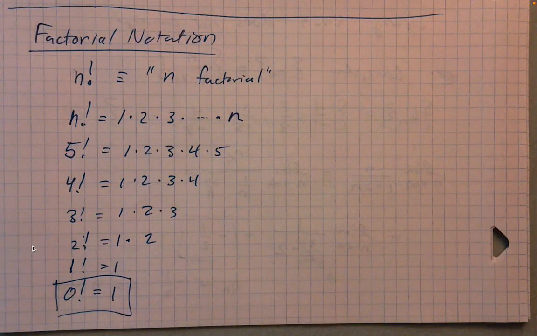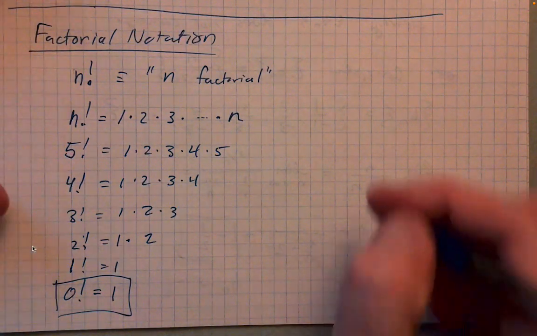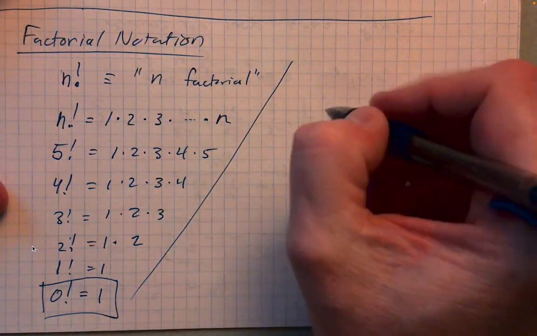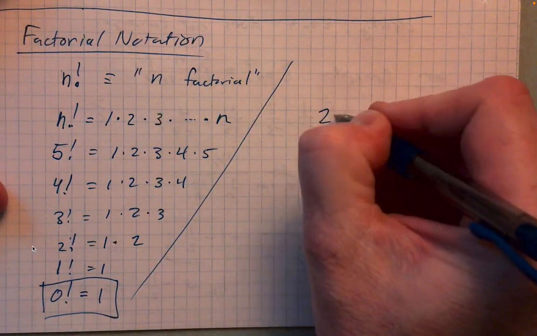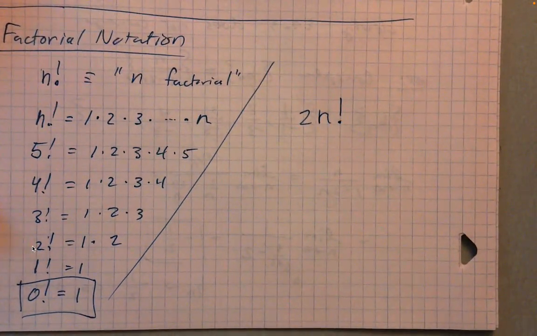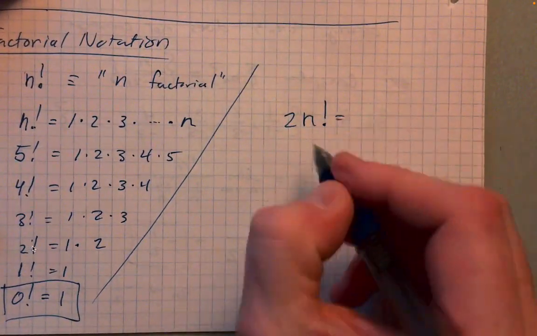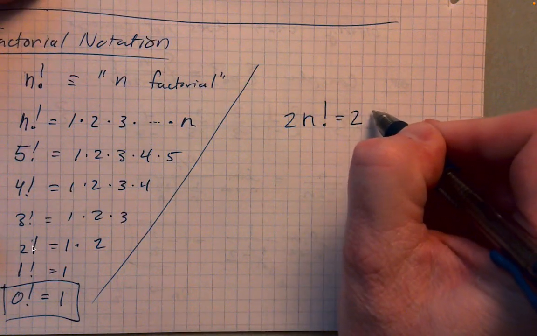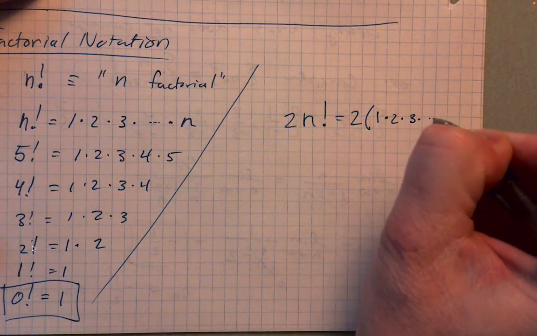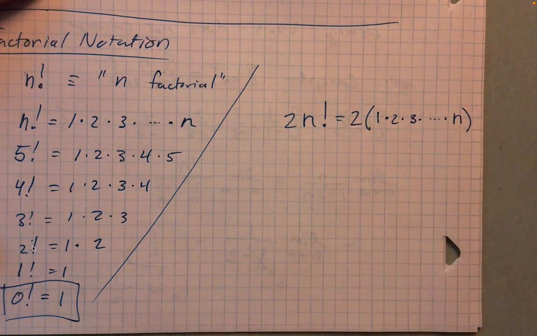So that's the factorial notation. Now we have to be a little bit careful with factorials. For example, if you see something written like this, what does that mean? That means 2 times 1 times 2 times 3 times ... times n.